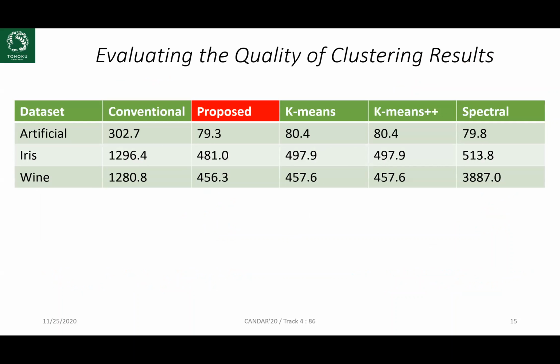Next, we evaluate the quality of clustering results. This table shows the qualities of the results of the conventional method, the proposed method, k-means, k-means++, and spectral clustering on CPU. The smaller the cost is, the better the clustering result is. The proposed method is better than the conventional method.